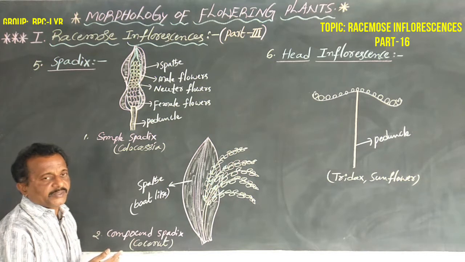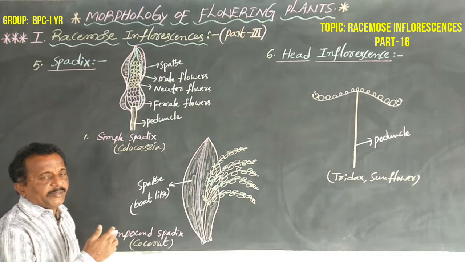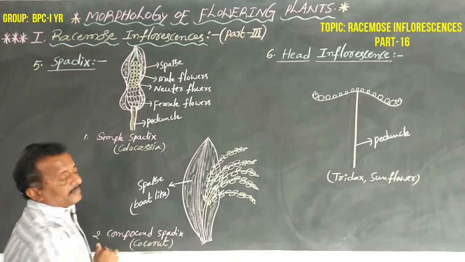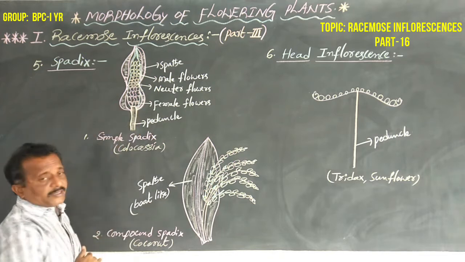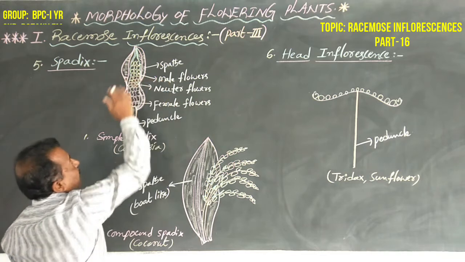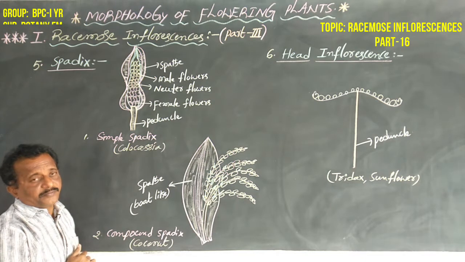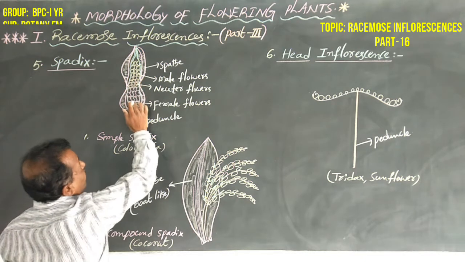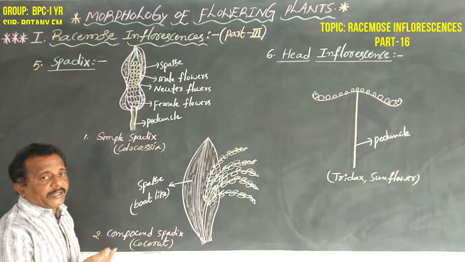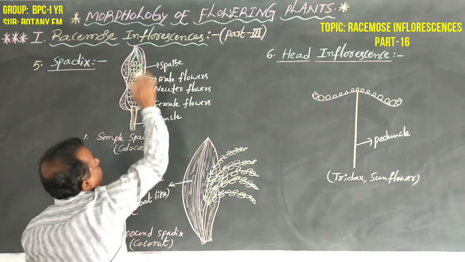Female flowers are always present at the bottom of the peduncle, male flowers at the top, and between them are some neuter flowers. The inflorescence is covered by one modified bract, called the spathe.